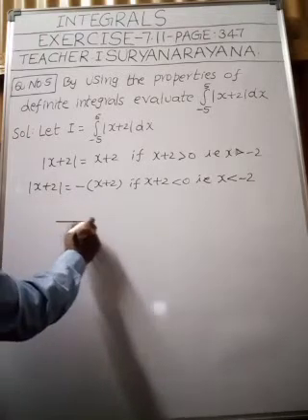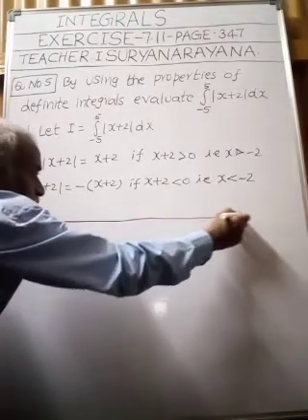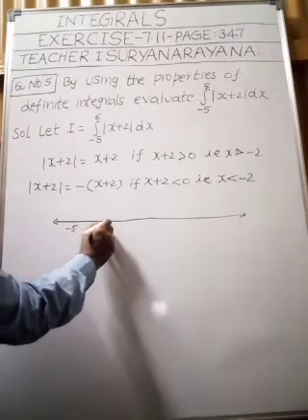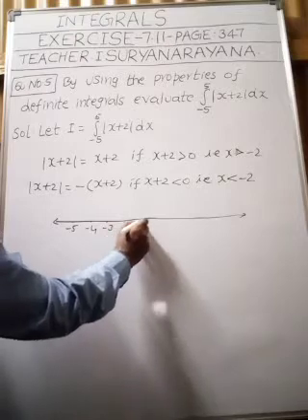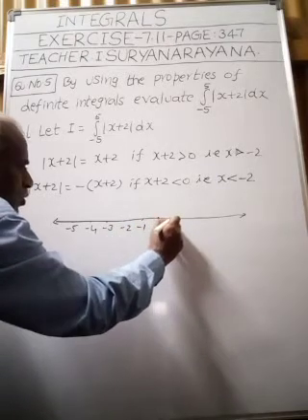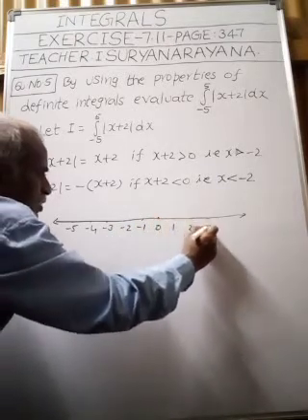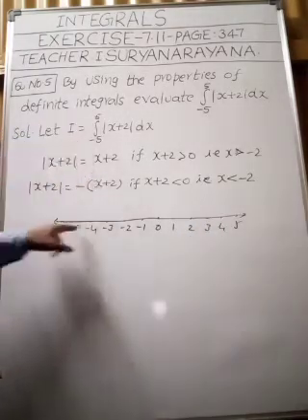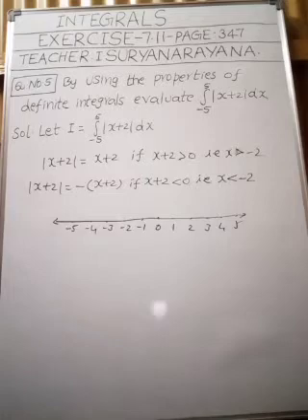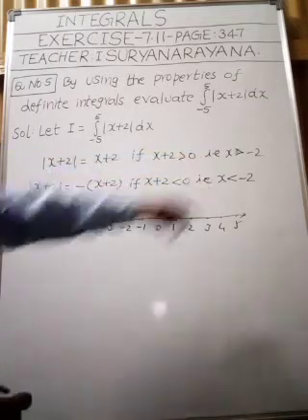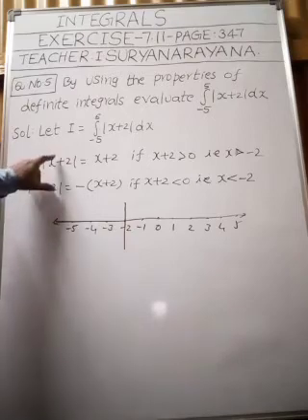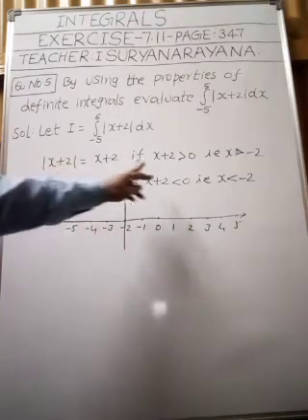See, on the number line, here minus 5, minus 4, minus 3, minus 2, minus 1, 0, 1, 2, 3, 4, 5. Okay, my children? Here minus 5 to 5. Here x is equal to minus 2. At this point, this function is defined in two different intervals.